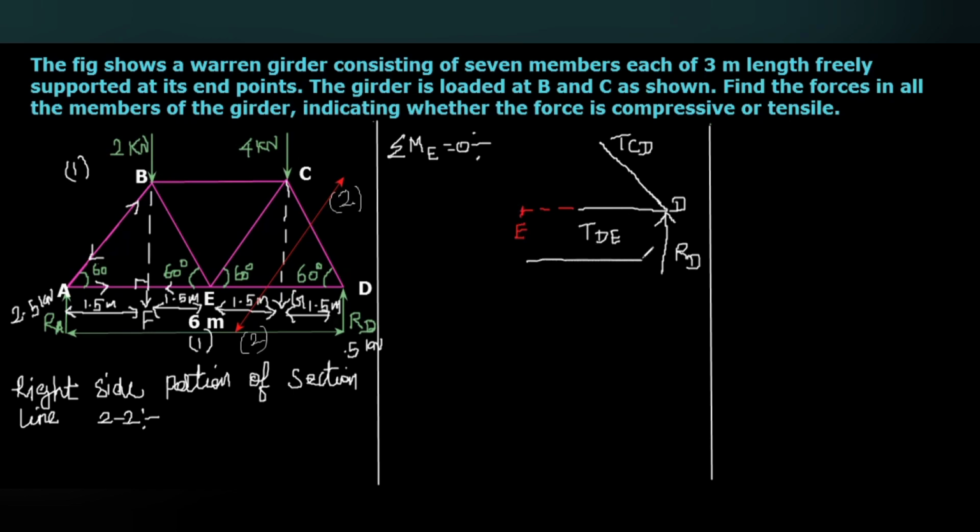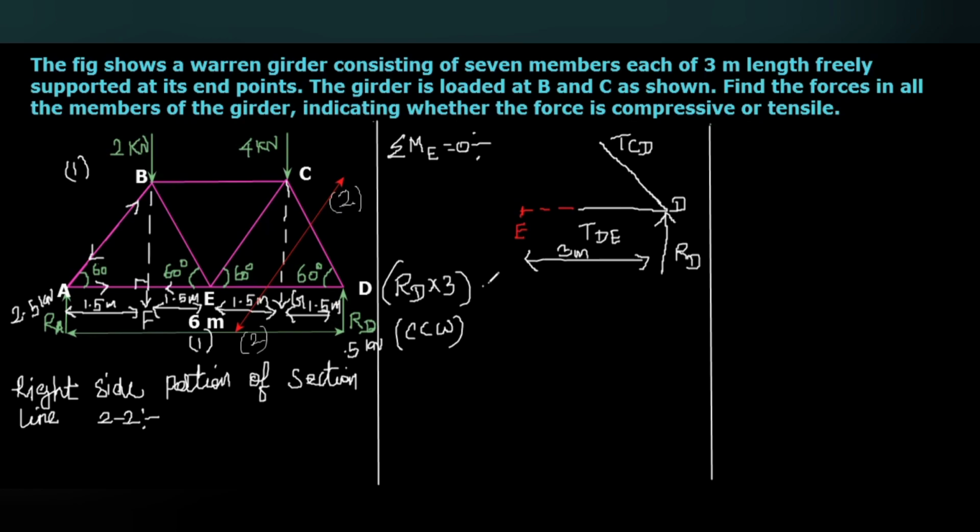This distance we know, that is 3 meters. Here you can see this ED is 3 meters. When you take moment about E, this RD multiplied with this 3 meters will act in counterclockwise direction. So RD multiplied with 3 is the counterclockwise direction moment.